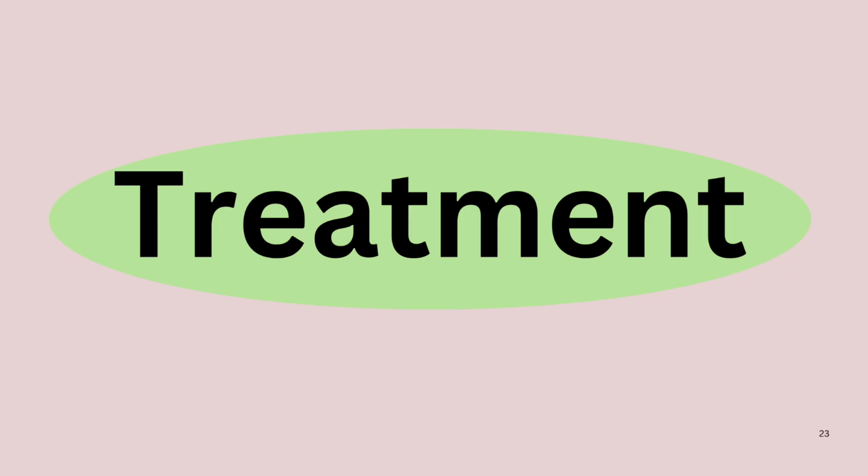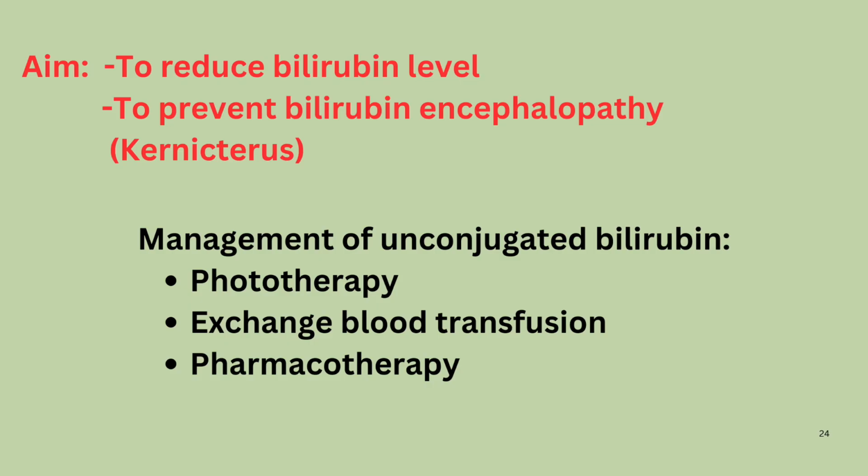Third one, treatment of unconjugated hyperbilirubinemia. The aim of this treatment is to reduce bilirubin level in blood and to prevent bilirubin encephalopathy, that is kernicterus. What is kernicterus? Kernicterus is a serious brain condition.